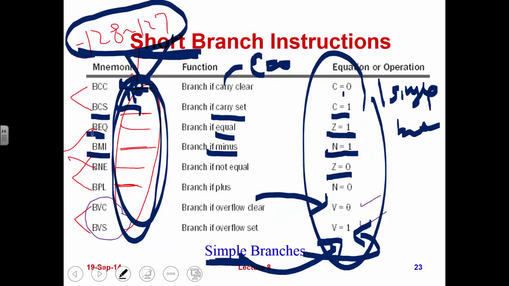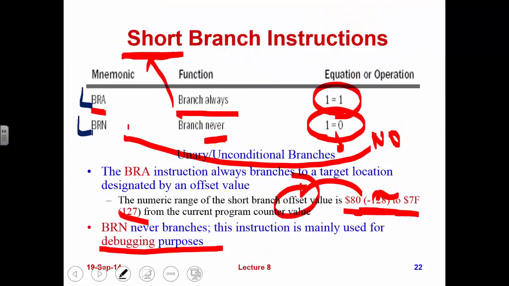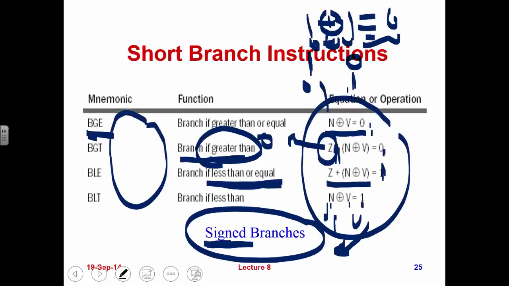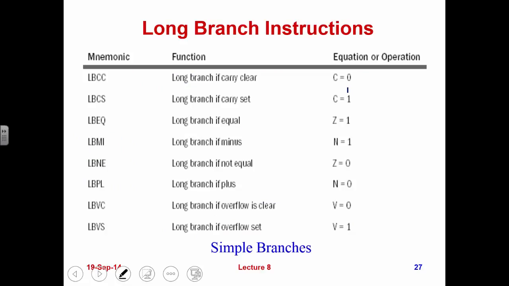And for long branch, the conditions are the same. The only difference is the range. The offset value is much greater than what we have now. This is the long simple branch.